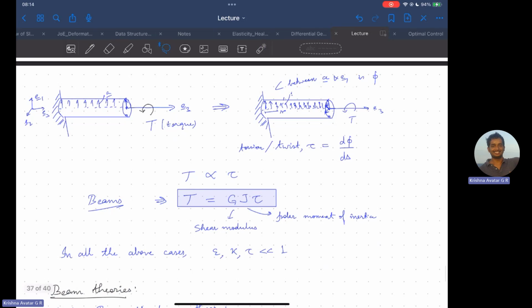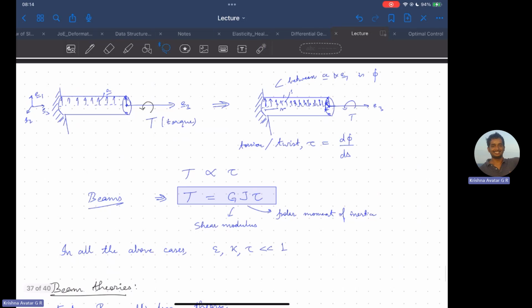Now let's look at the third deformation mode, the torsional mode of deformation. In this case, we are applying a torque T in the plane of the cross section about the longitudinal axis, and what it does is rotate the cross section along the length of the elastic structure.